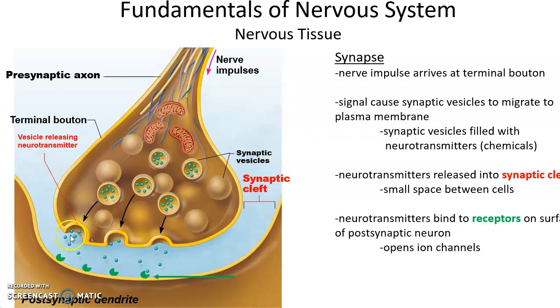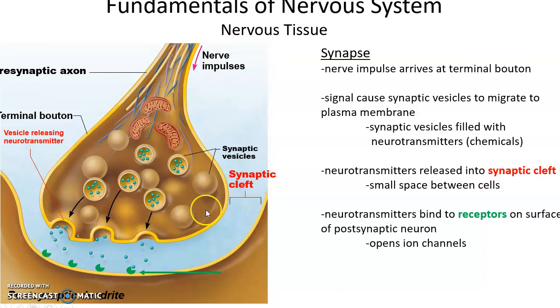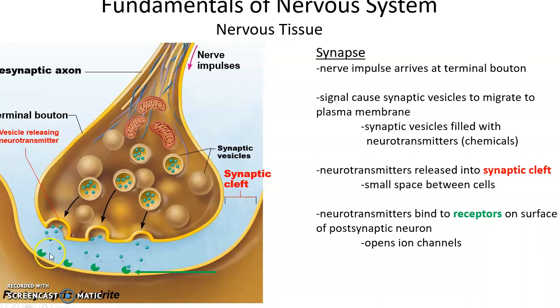What happens is the neurotransmitters then empty into the synaptic cleft. They will then diffuse across the synaptic cleft, going from the terminal bouton down to the postsynaptic neuron's cell membrane. The neurotransmitters will then bind to receptors found on the postsynaptic neuron's plasma membrane. When they bind to those receptors, this opens ion channels.